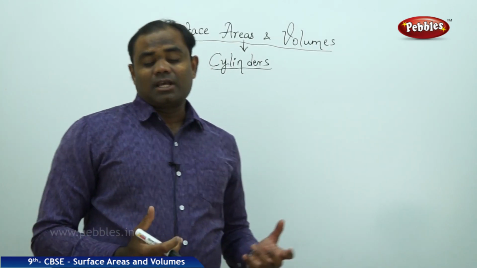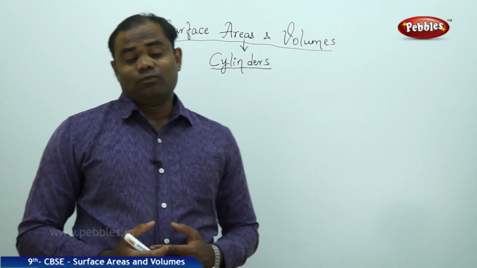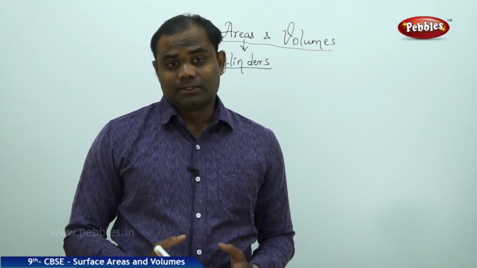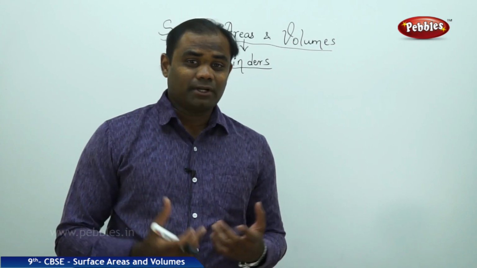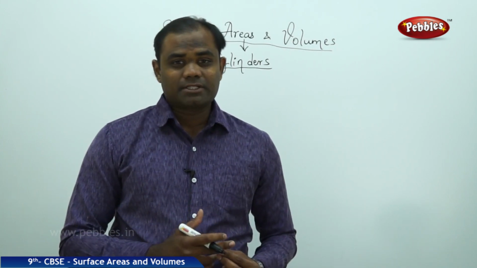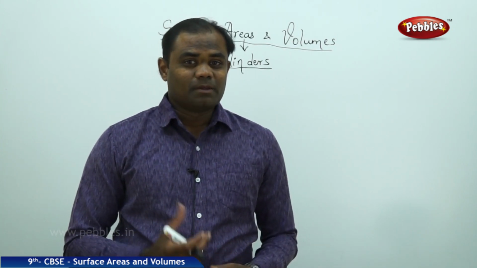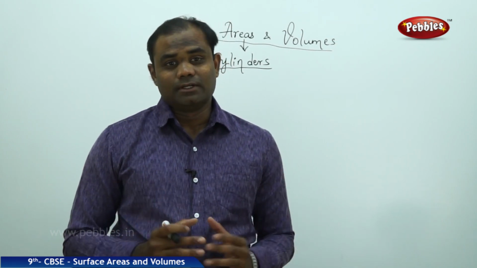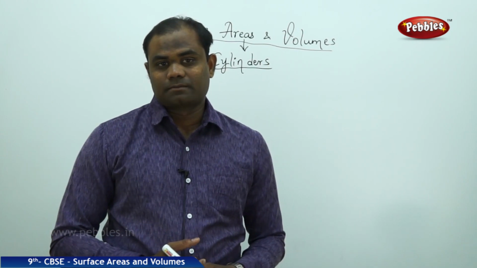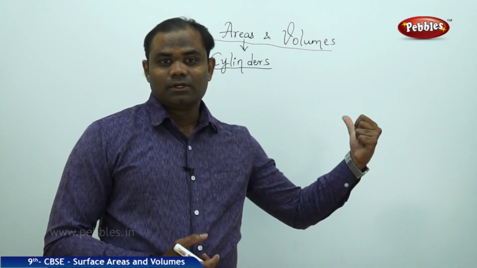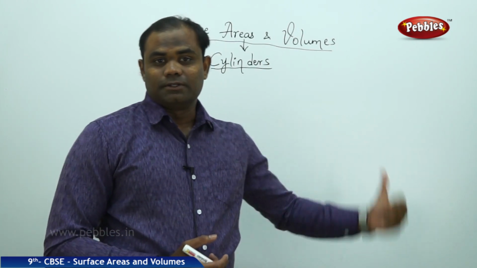This session is about understanding what a right circular cylinder is. Now that we have understood the cylinder to be constructed from a set of circles, let's try to understand the most important part of a cylinder, which is called the right circular cylinder in mathematics.